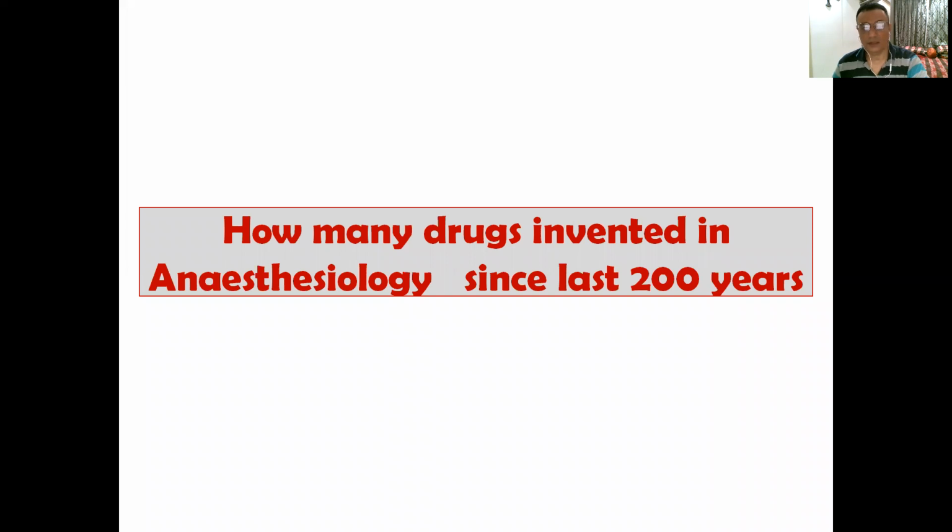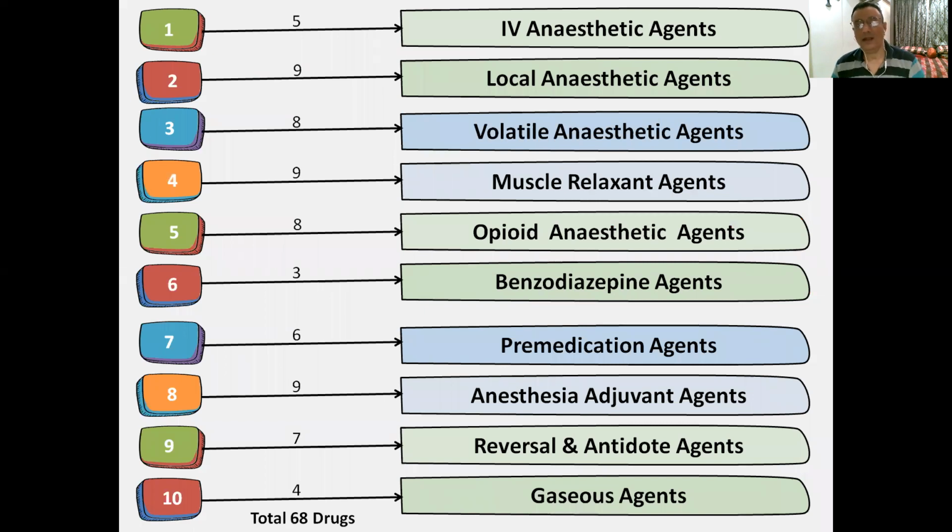Now, anesthesia started on 16th October 1846. So in the last 200 years, how many drugs have been invented in anesthesiology? These are the main headings: IV anesthetic agents, local anesthetic agents, volatile anesthetic agents, muscle relaxants, opioid anesthetics, benzodiazepines, pre-medications, anesthesia adjuvants, reversal and antidotes, and gaseous agents.